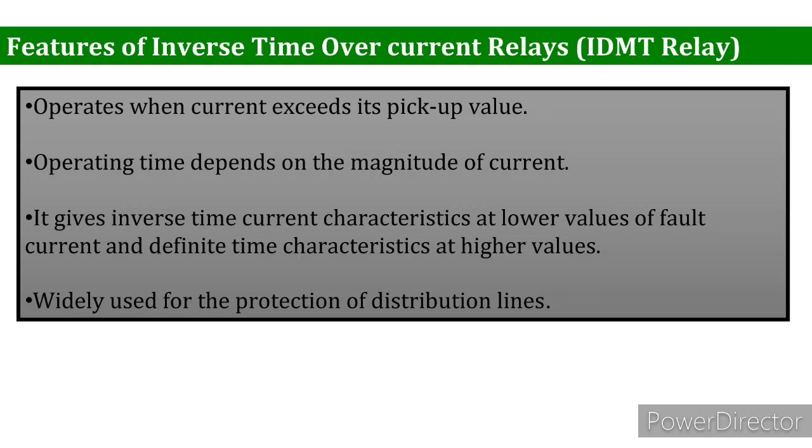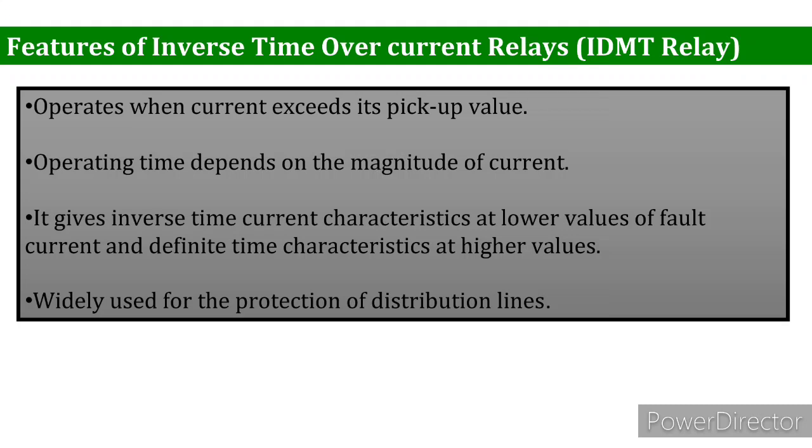This is the most important feature of this IDMT relay. An inverse characteristic is obtained if the value of the plug setting multiplier, PSM, is below 10. For values between 10 and 20, the characteristic tends towards the definite time characteristic.